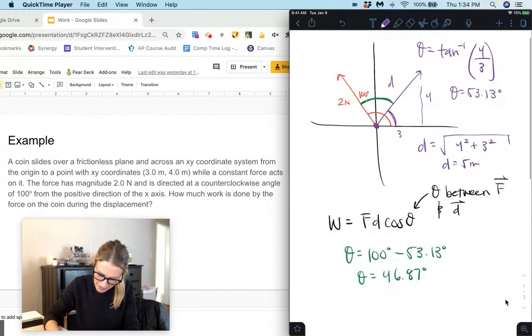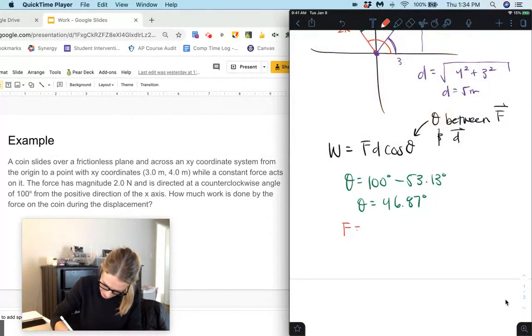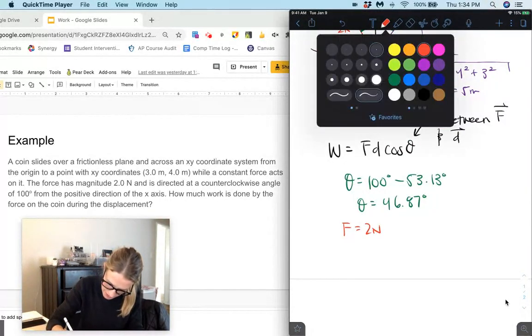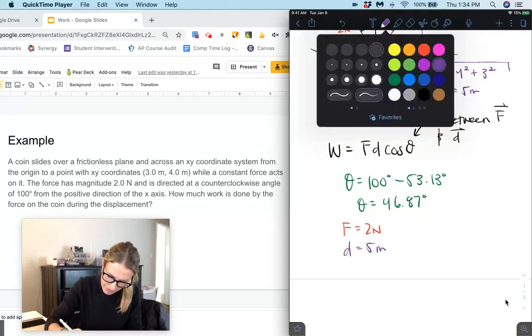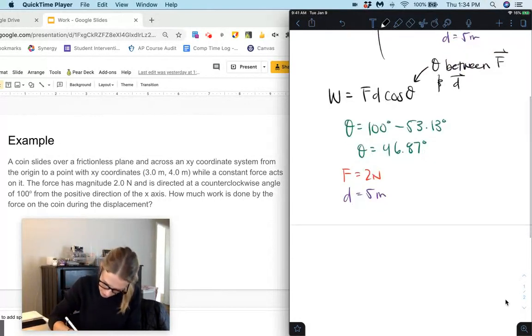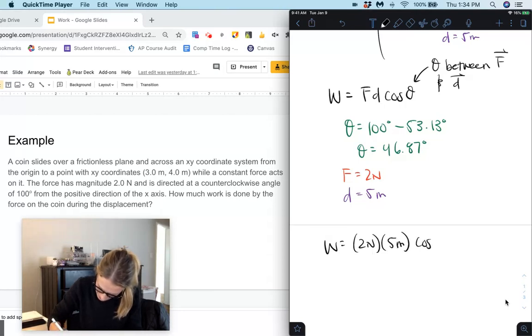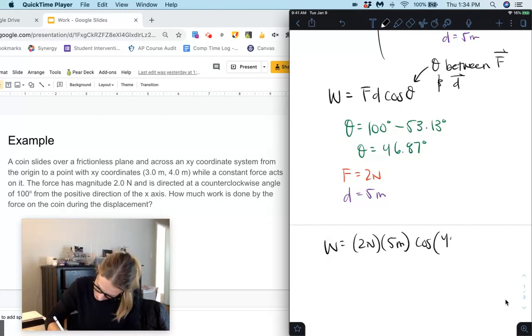So now that we have the angle, we know our force is equal to 2 newtons. We also know displacement is equal to 5 meters. Now we can find our work done on that coin. So work is equal to force, 2 newtons, times displacement, 5 meters, times the cosine of the angle between those 2 vectors, which is that 46.87 degrees.